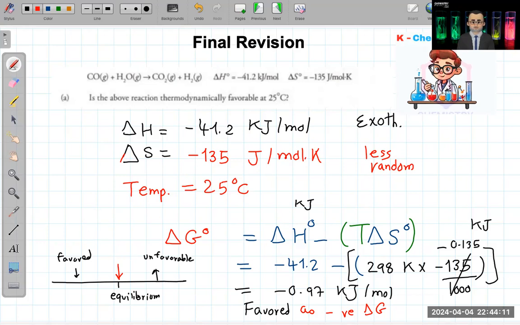If you move from this temperature to here at 25, it was favorable or no? It was favored, right? So let me find the temperature under which it is unfavorable. So this means I need to find a certain temperature here. Below this temperature, it will be unfavored. Above it, it will be favored, including 25.